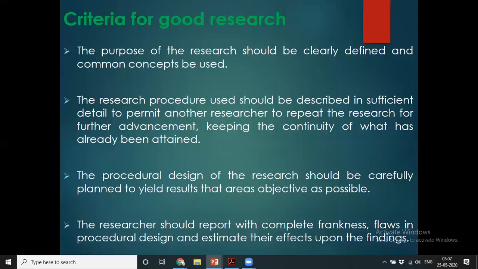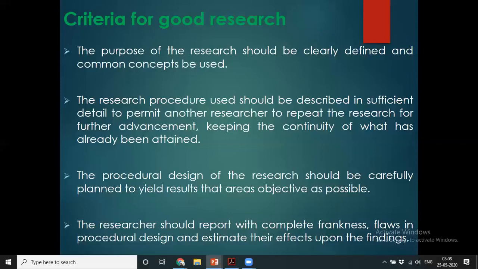Then the procedural design of the research should be carefully planned to yield results so that the objective is attainable. That is also very vital; this point and the previous point are more or less similar. The researcher should also report with complete frankness the flaws in procedural design and estimate their effects upon the findings.